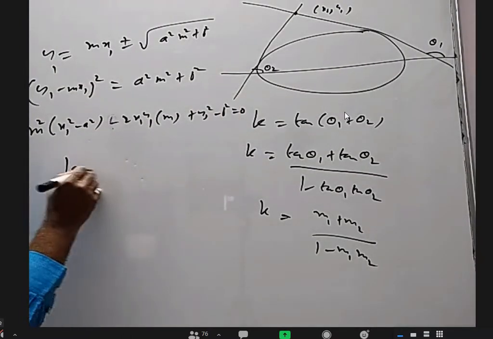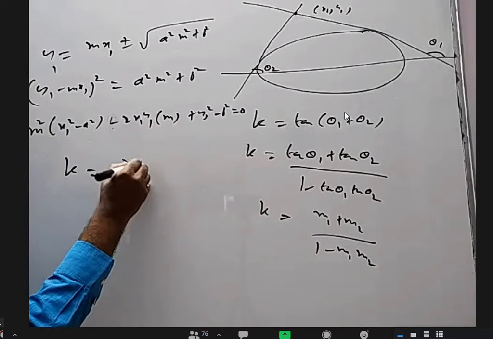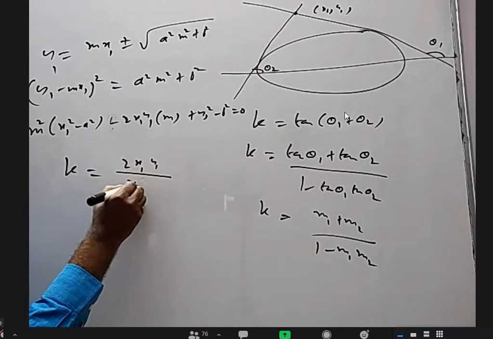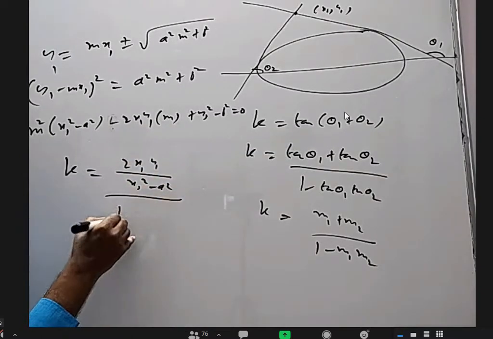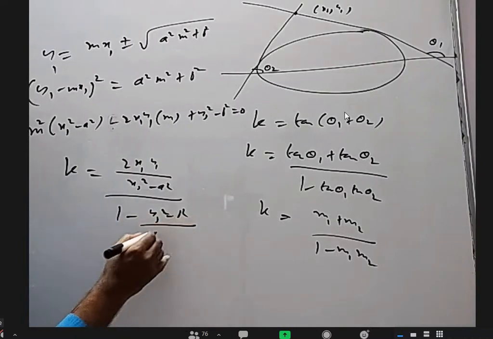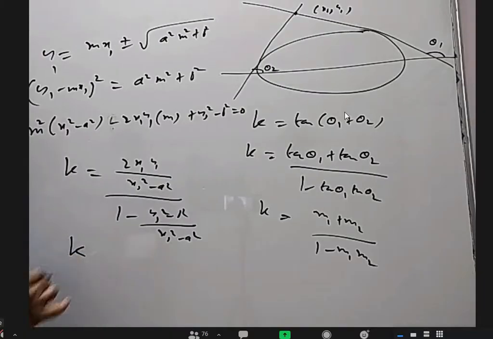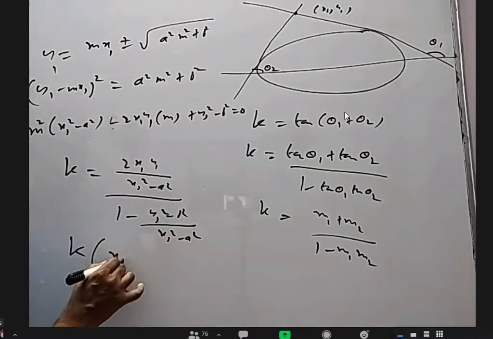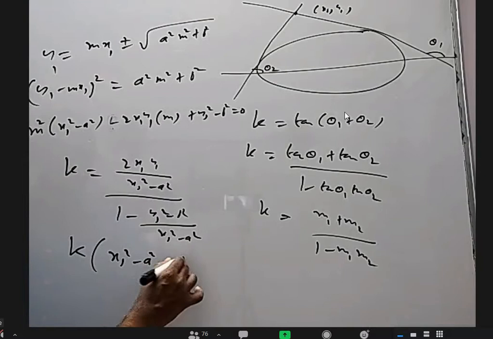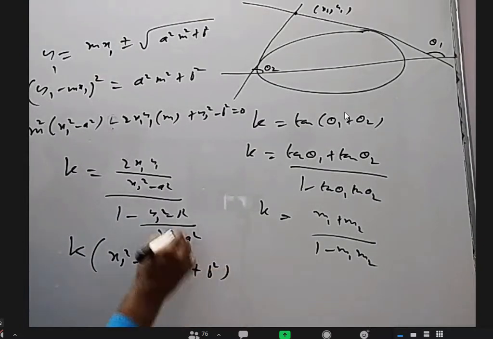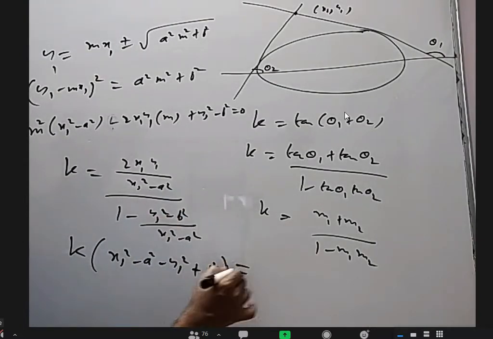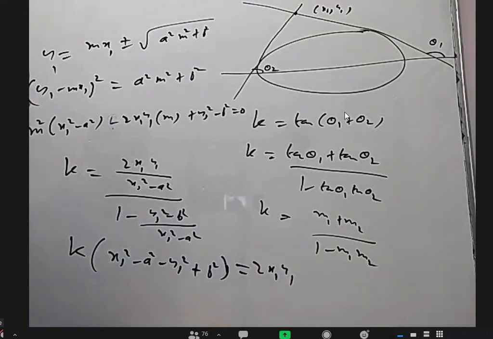From this, what is the sum of the slopes? We'll get 2x1 y1 by x1 square minus a square. Product of the roots is y1 square by x1 square minus a square. If I take LCM and bring it here, the locus will come: k times (x1 square minus a square minus y1 square plus b square) equal to 2x1 y1.